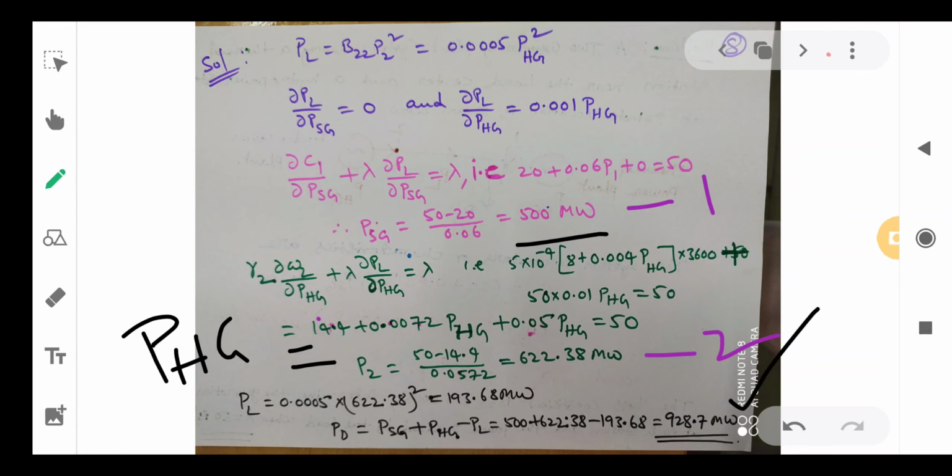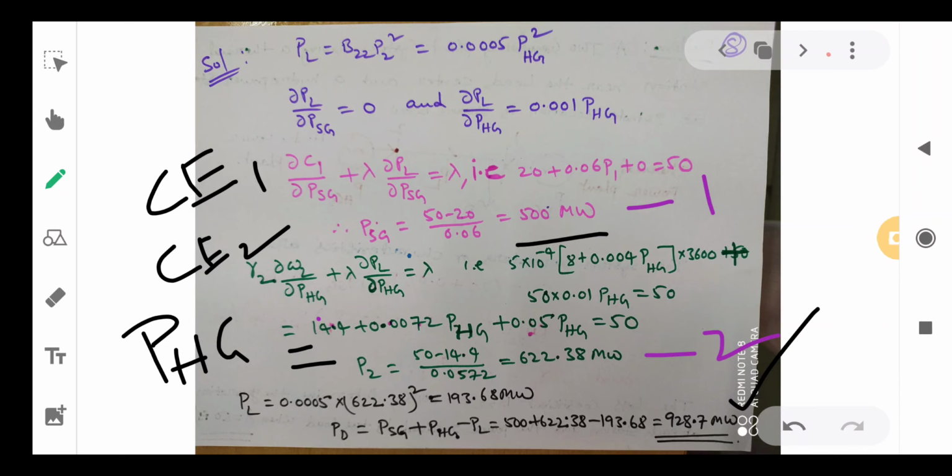So it is very simple. Let us get the terms: PL, dou PL by dou PSG equal to 0, dou PL by dou PHG equal to 0.001 PHG, and the coordination equations CE1 and CE2.